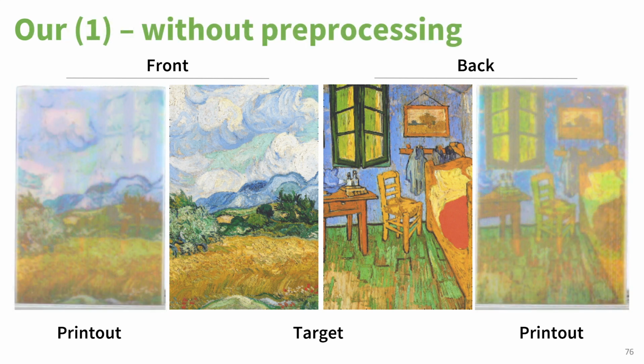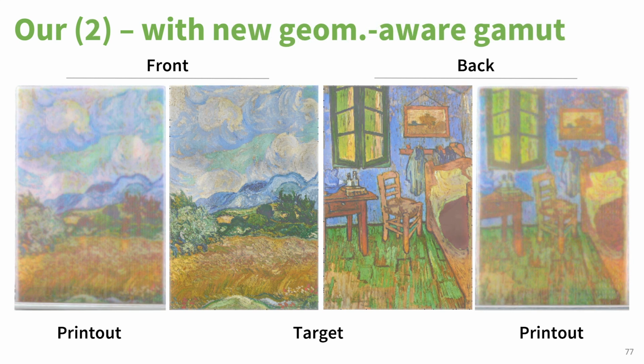So just sending this input through our pipeline without any further considerations already produces results that are quite a bit better. You start seeing the right images on the two sides, so that's great. But we have also introduced a new gamut mapping where we take the input textures and look at the local geometry of the 3D printout, and we say, given the local 3D geometry, what is the best that we can do in terms of reproducing the individual colors?